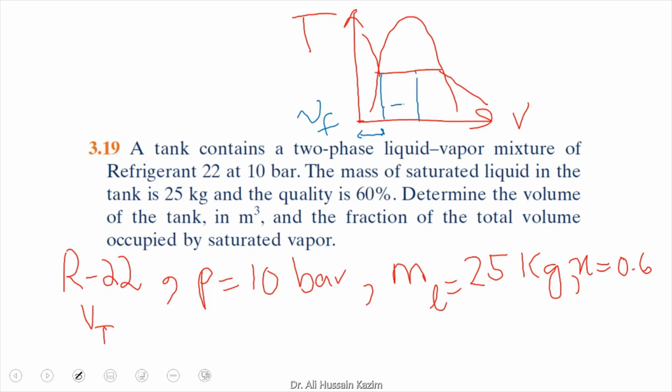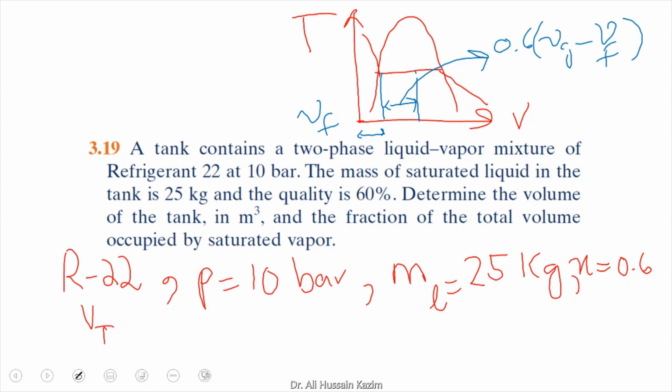Next, this distance is the volume occupied by vapor, which is 0.6 into Vg minus Vf.